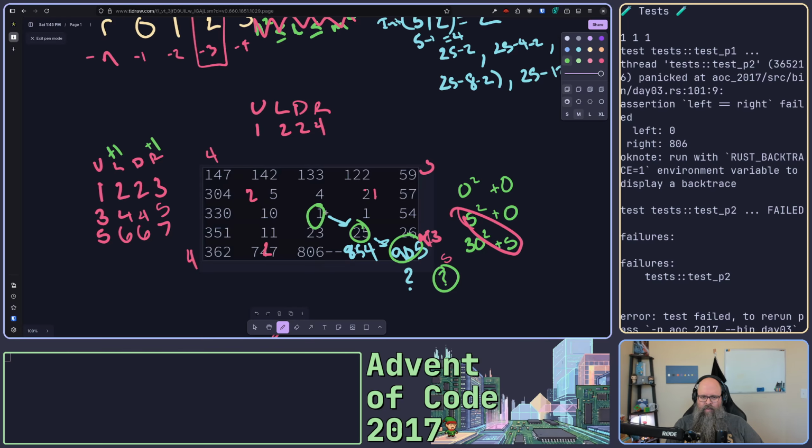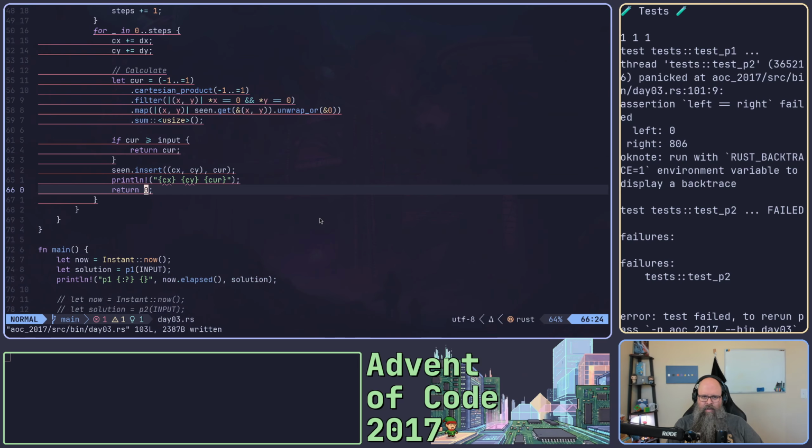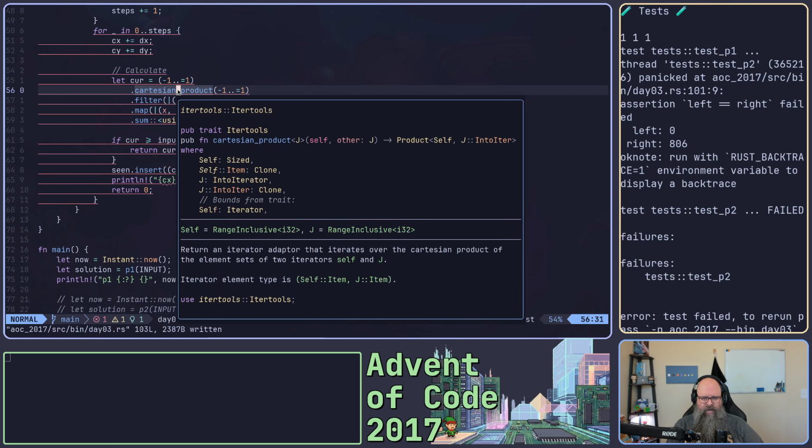We are at 1, 1, but its value should be 2. So it feels like it's this part right here. -1 to 1, Cartesian product of. What am I doing? Am I doing this wrong? Range inclusive. You give it 2 range inclusives.